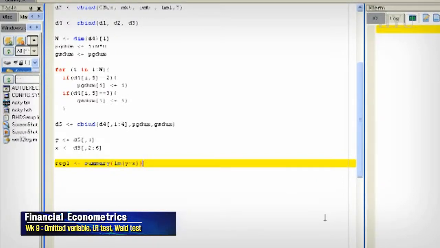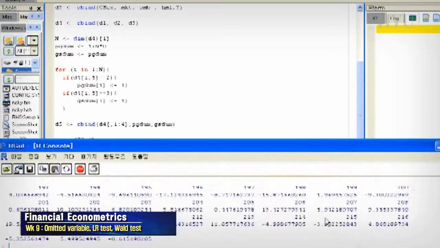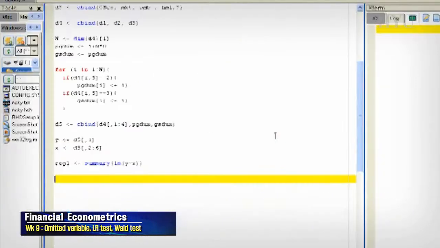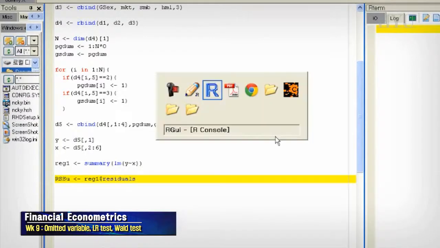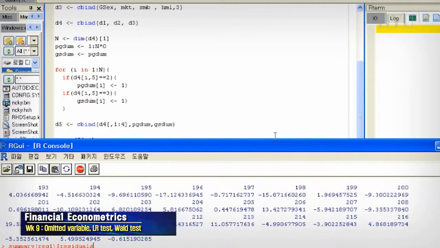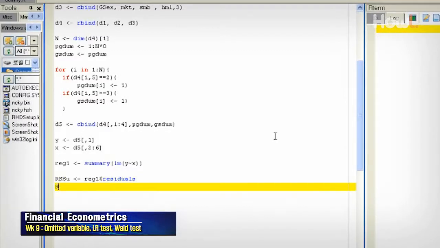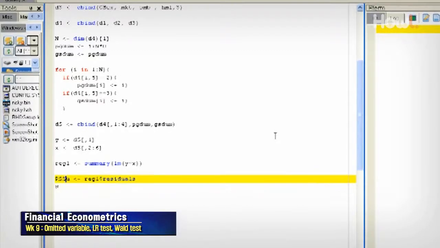First, we need RSSU. RSSU is basically the residuals, and then the sum of the squares.